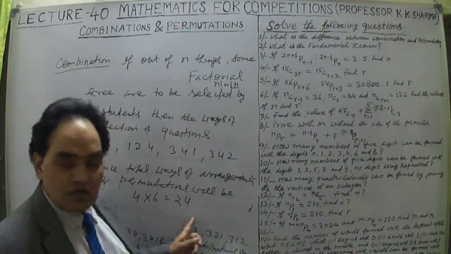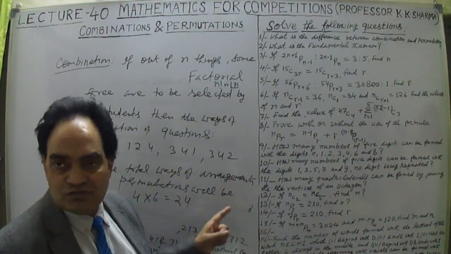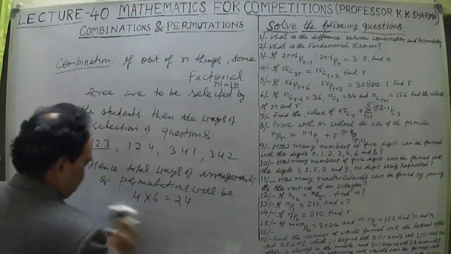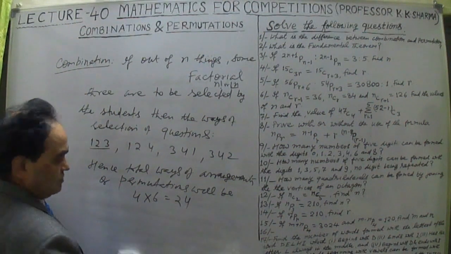Right, total arrangements in this case is 24. What is the formula here? The formula for nPr, for permutation.